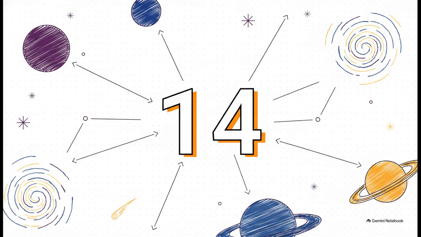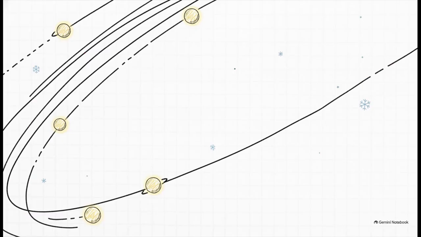Which brings us to what is easily the most staggering predictive claim in this entire research paper. It's a single number that radically redefines the boundaries of our celestial neighborhood: 14. The K7 framework essentially posits that our solar system doesn't just consist of 8 planets, or even 9 if you're firmly on Team Pluto. It actually proposes a 14-body orbital resonance model.